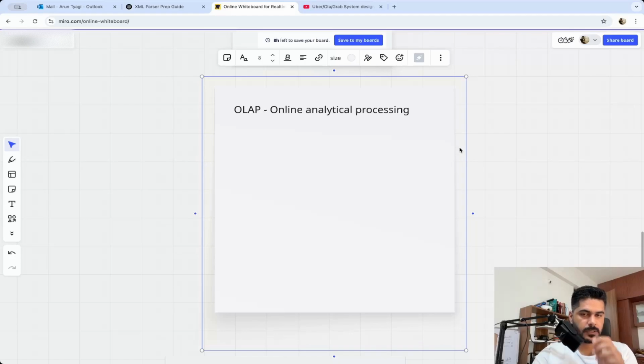Next we have OLAP. Like the name suggests, analytical processing. So whenever you have to do something on historical data, you have a lot of data and you need to query something on it, for example sales trends: what happened in this month, what people were buying in that particular date range, what people started buying.